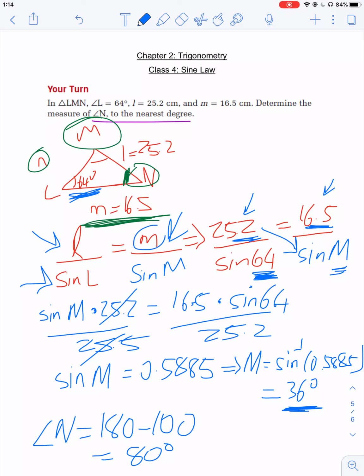Here I knew what small m was, that means that I only have one unknown, right? So I was able to easily solve for angle M here, but I wasn't really interested in angle M. I was interested in angle N, but because it's a triangle, it's very easy to know what angle N is when you know two of the three angles, okay? So just do 180 minus the sum of the other two angles, okay?